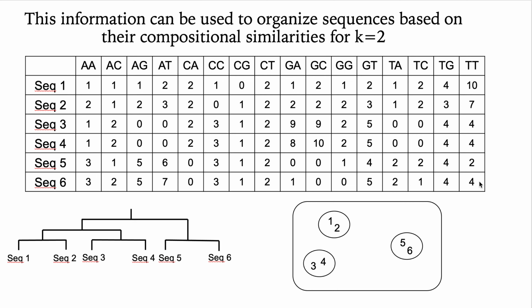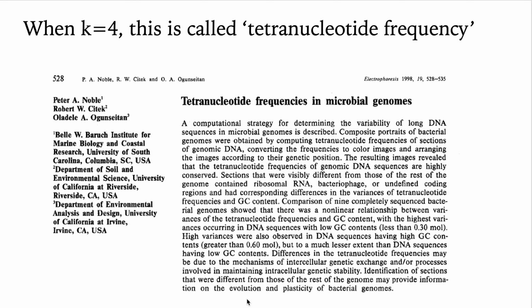And you can actually cluster those and visualize that clustering in some sort of ordination. And it can be a proxy for taxonomic similarity without knowing anything about the annotation of your sequence. So when k equals 4, we call this tetranucleotide frequency, and this is the most common frequency used to classify metagenomes or assess these metagenomes for a taxonomic proxy.